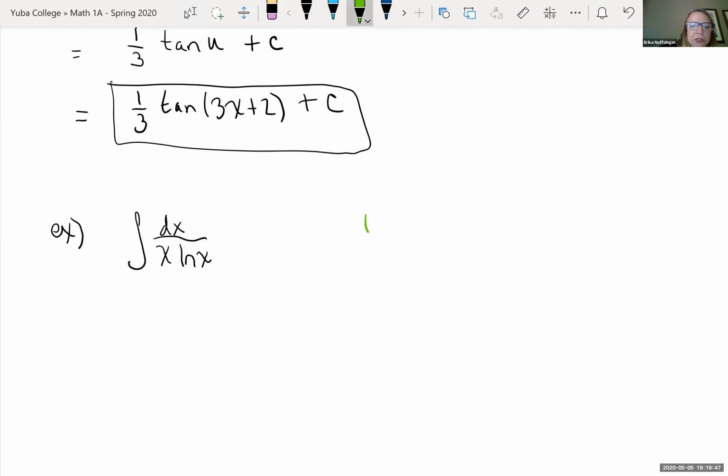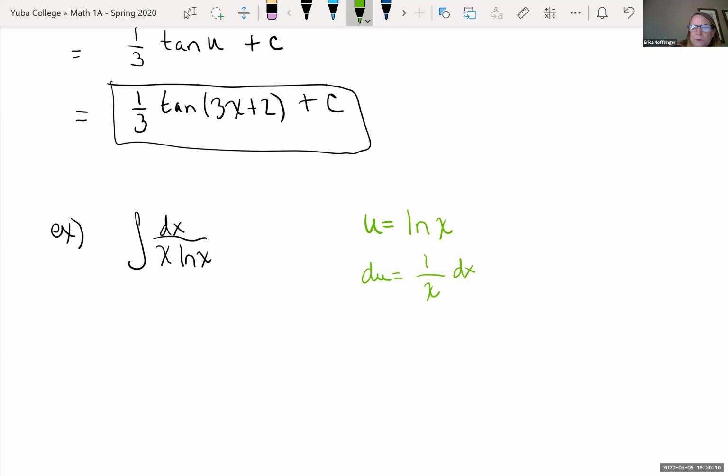So we're going to choose u to be just the natural log of x. Taking the derivative of both sides, du is equal to 1 over x dx.